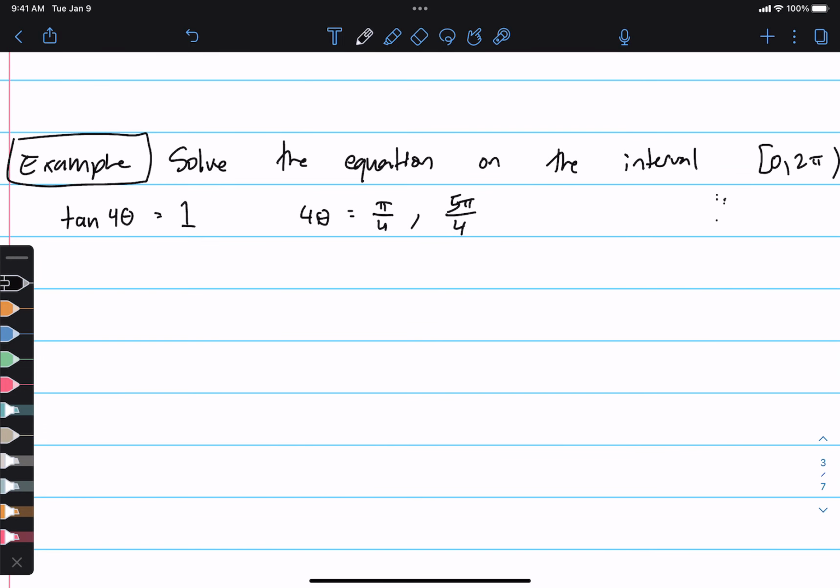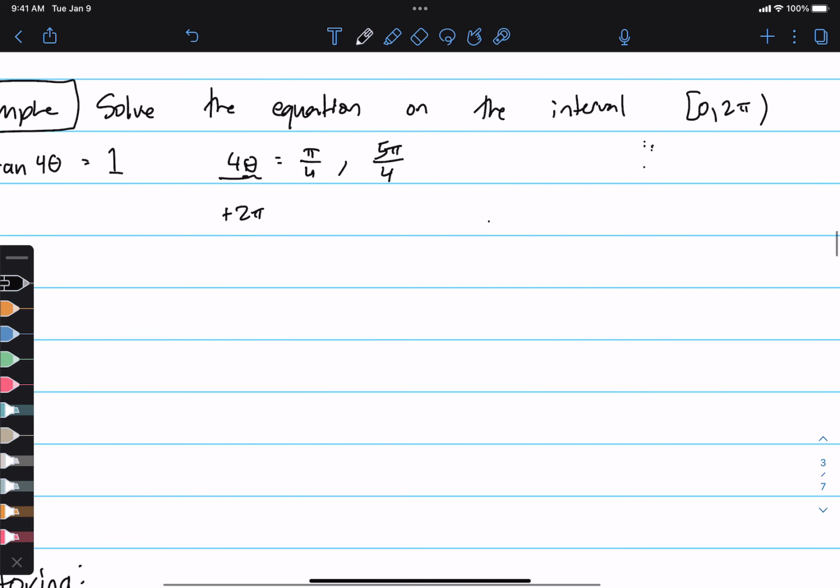Now, again, because it's 4 theta, we're going to keep adding 2 pi until we have 8 values here. So if we add 2 pi to these, we're going to get 9 pi over 4 and 13 pi over 4, right? Adding another 2 pi, we're going to get 17 pi over 4 and 21 pi over 4.